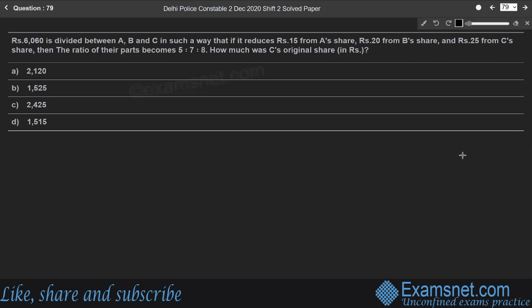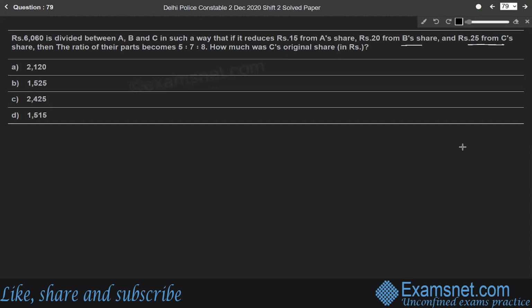Question 79. Rupees 6,060 is divided between A, B and C in such a way that if we reduce 15 rupees from A's share, 20 rupees from B's share and 25 from C's share, then the ratio of their parts becomes 5:7:8. How much was C's original share?